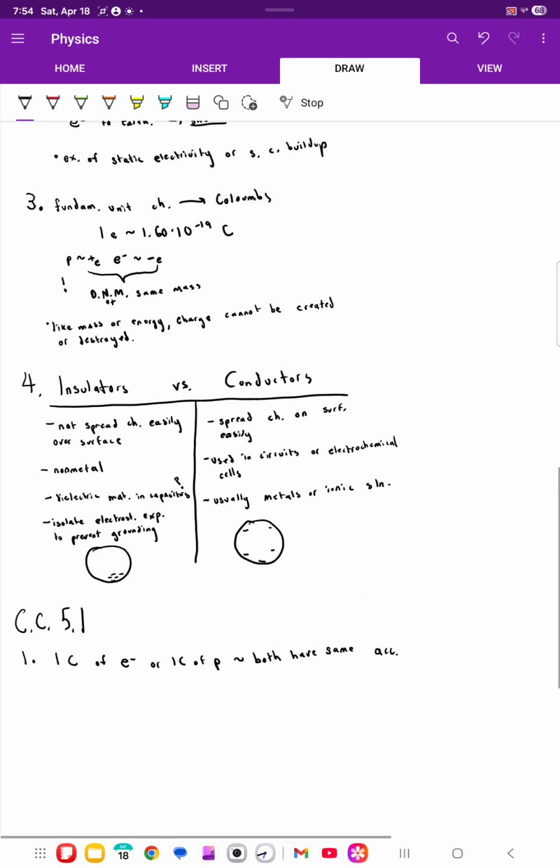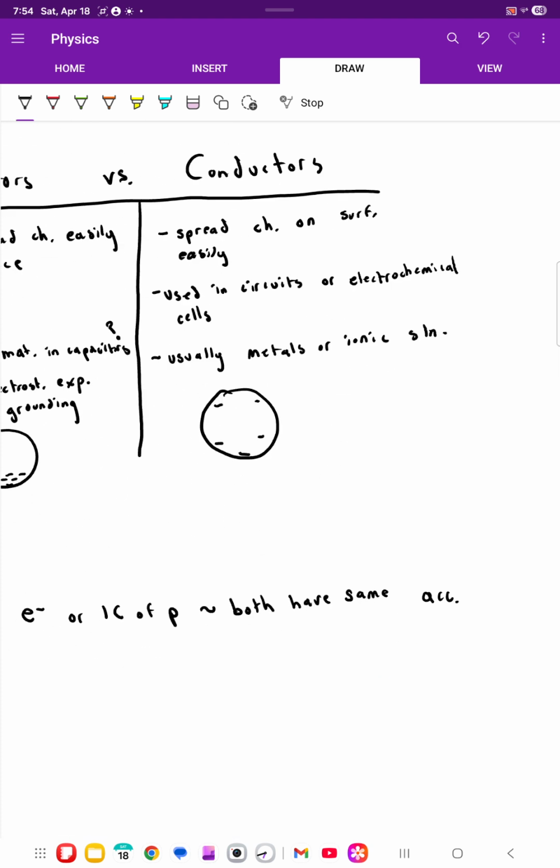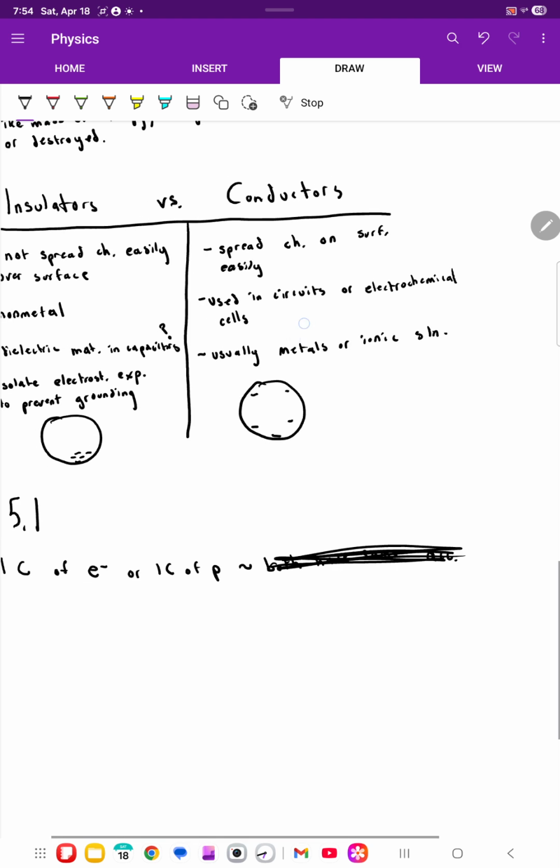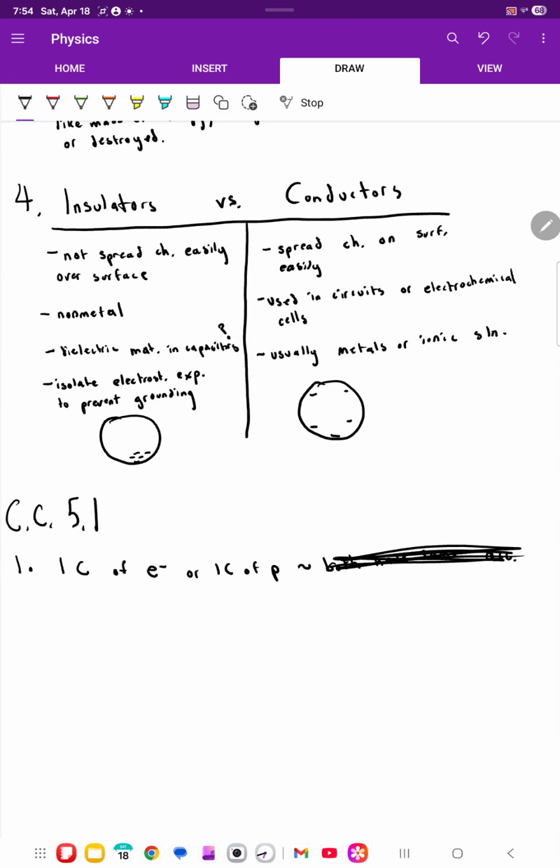Wait a second, sorry, I think this is wrong, because it's 1 coulomb of electrons or 1 coulomb of protons, 1 meter apart.